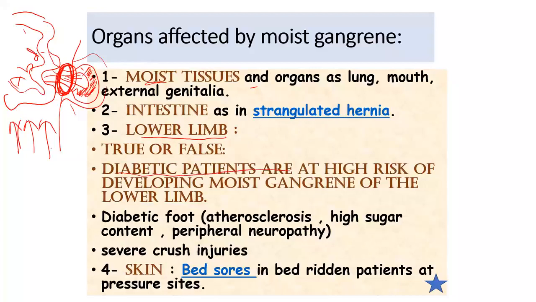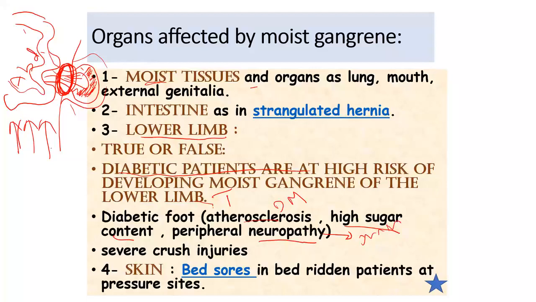Diabetic patients. Why? They develop what is called diabetic foot due to the presence of atherosclerosis that increases with diabetes mellitus. High sugar content present in the legs, peripheral neuropathy. You have anesthesia, you have loss of sensation.